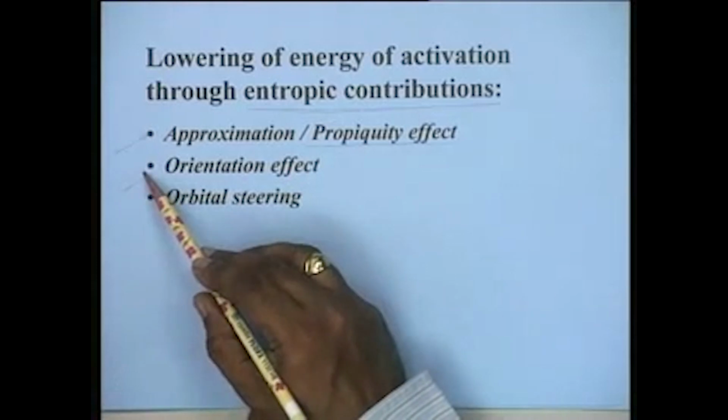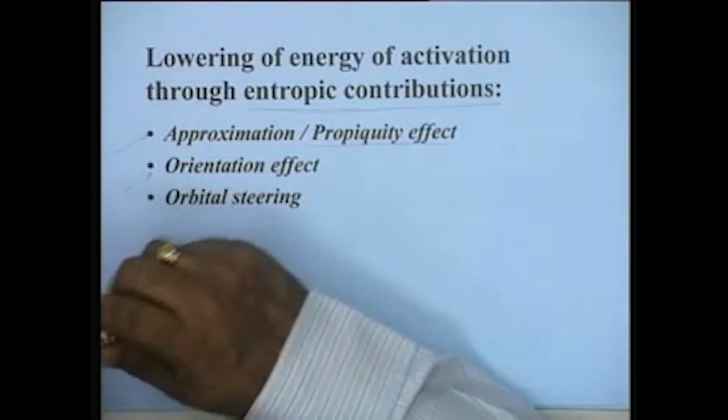Now, the other effect based on the entropic contributions is the orientation effect. We also noted while we discussed reaction rate theory that collision of the molecules is the prerequisite for reaction to take place, but not all the collisions result in product.